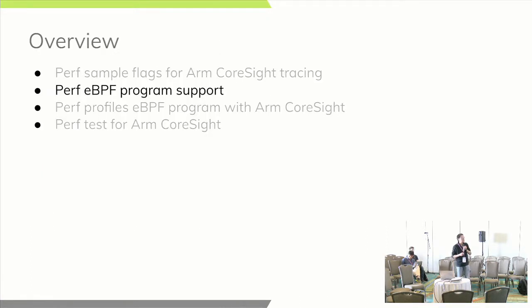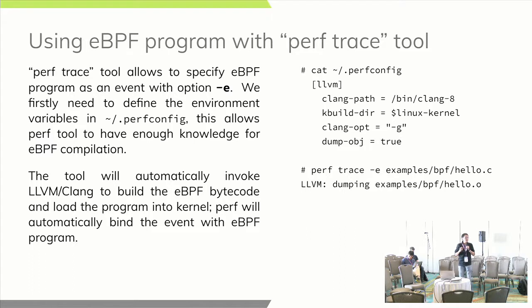The second case is Perf eBPF program support. We know that eBPF programs are usually used for filtering. With the perf trace tool, we can specify -e and give it an eBPF program.